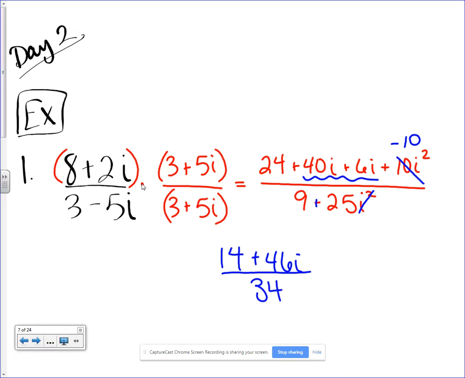34. So there I have my answer, but I only need to split it into the real part and the imaginary part and see if I can reduce. What can I divide by here, folks?